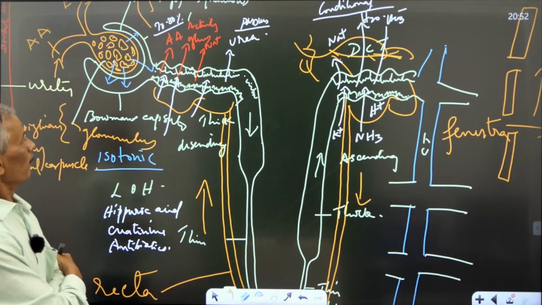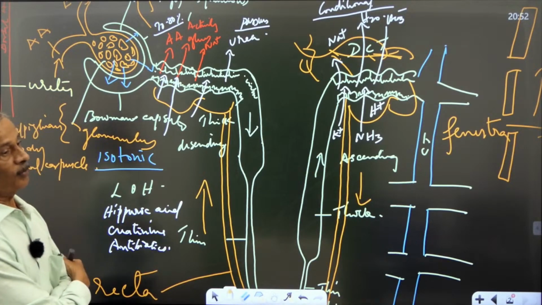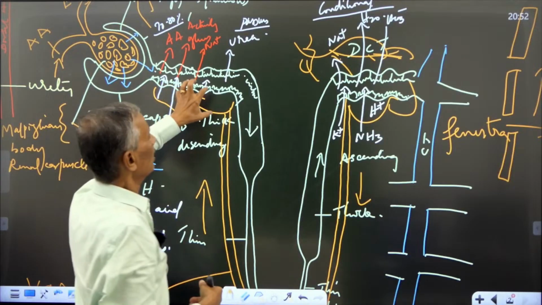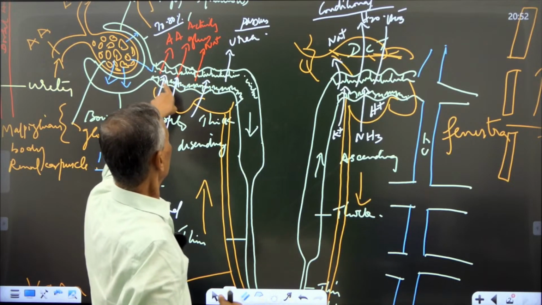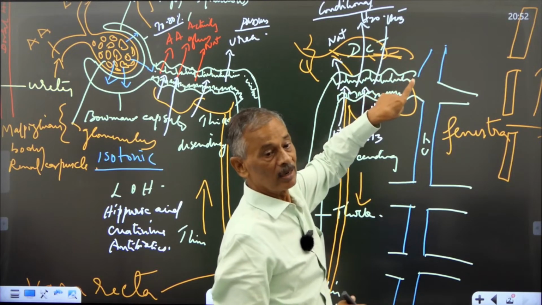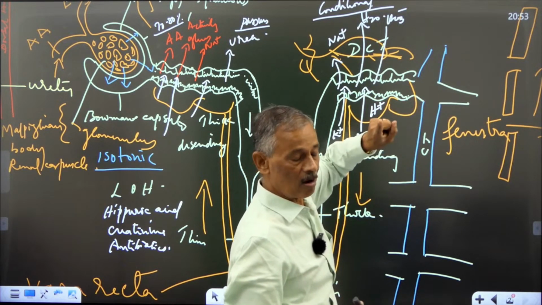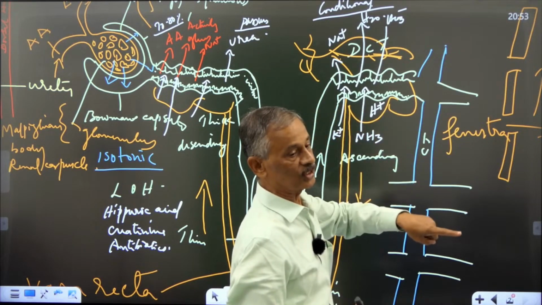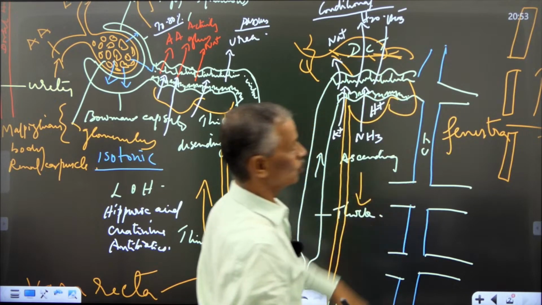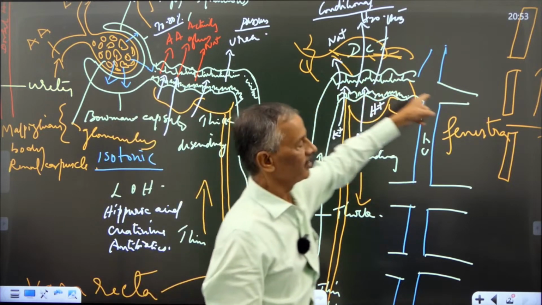Thus, materials that are to be sent out of the body but cannot pass through this filter are secreted by the cuboidal cells. Remember, cuboidal cells have a large number of microvilli and a large amount of mitochondria. So, using that energy, these materials are sent into the urine as it passes through the PCT and DCT.